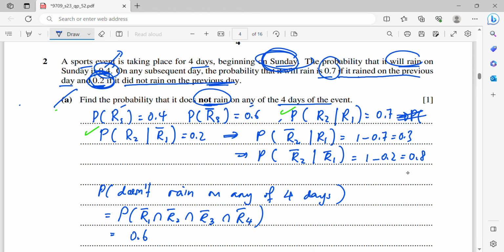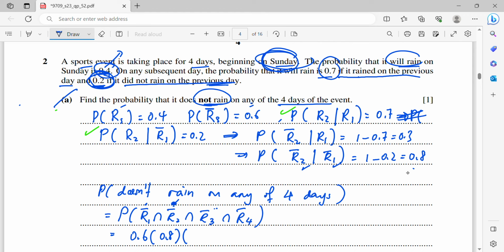Now we know that all the days are independent to each other, so from here you can multiply because it is the intersection. For the second one, we know that the previous day not rain, then the next day is not raining. So not rain first day, second day not rain, it will be 0.8. Same for the third day: third day depends on previous day.